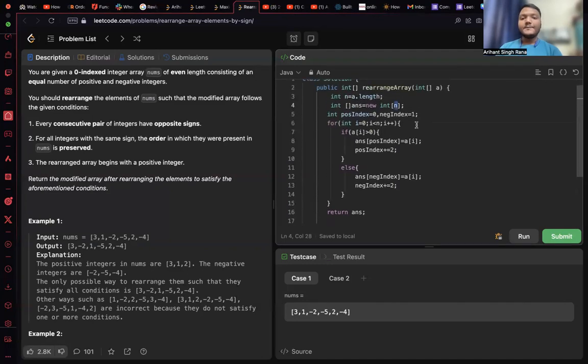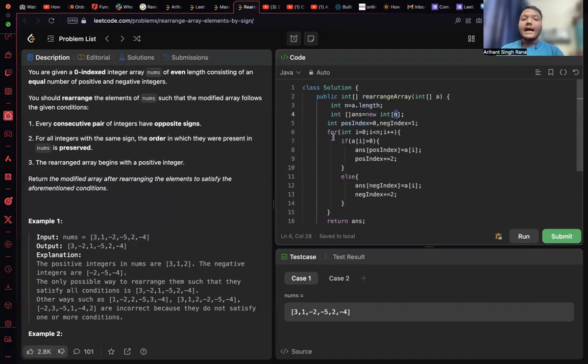Now what I am doing over here is checking if my current element inside A at the ith index is positive or not. If the first if condition is satisfied, which means that the current number at the ith index inside the array A is positive, we will include that positive number inside our answer array with the help of the positive index variable that we created.